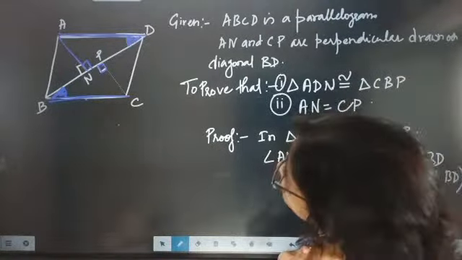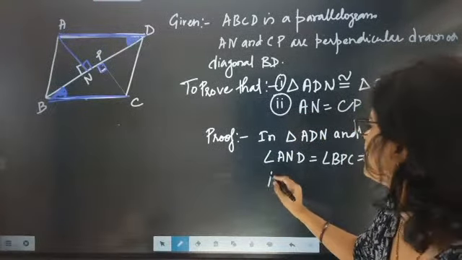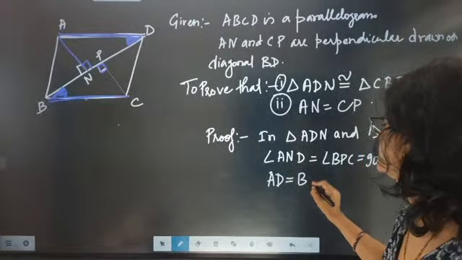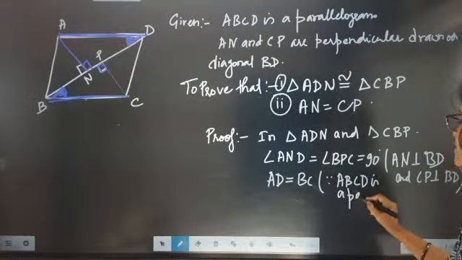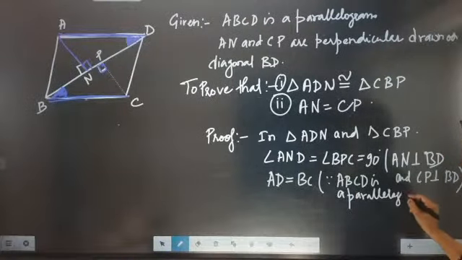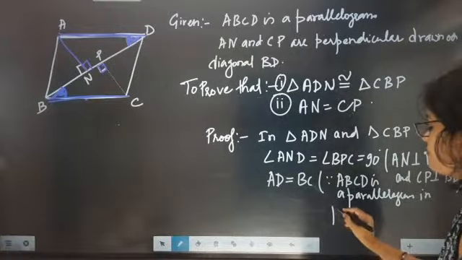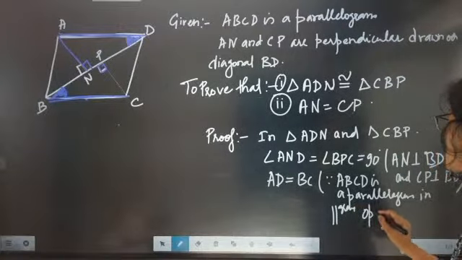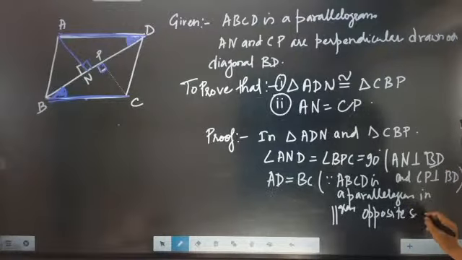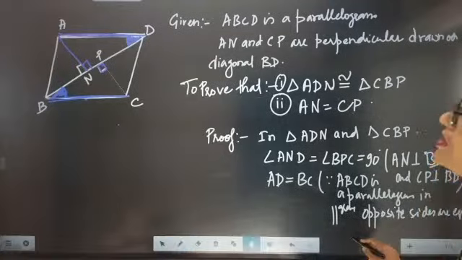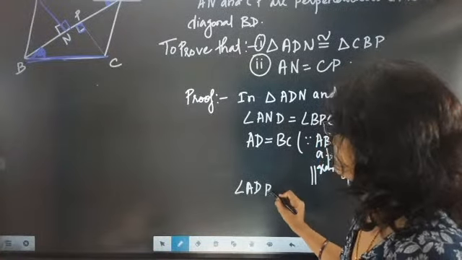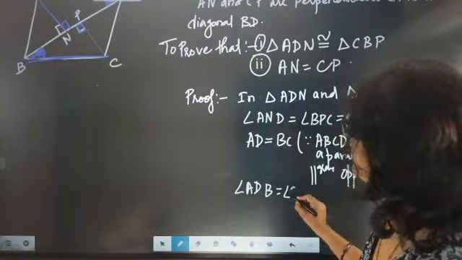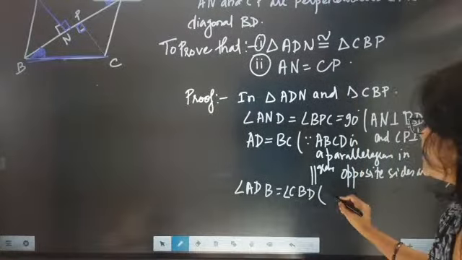Next important point: since ABCD is a parallelogram, in a parallelogram opposite sides are equal, so AD will be equal to BC. Now last one, angle ADB equal to angle CBD, alternate interior angle.